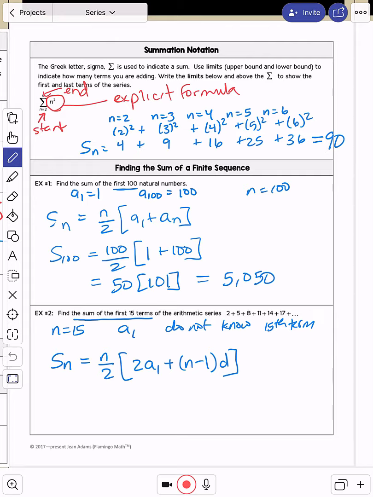All right, so what is d? If this were a sequence 2, 5, 8, 11, every time we take a step it is plus 3. So d is equal to plus 3.